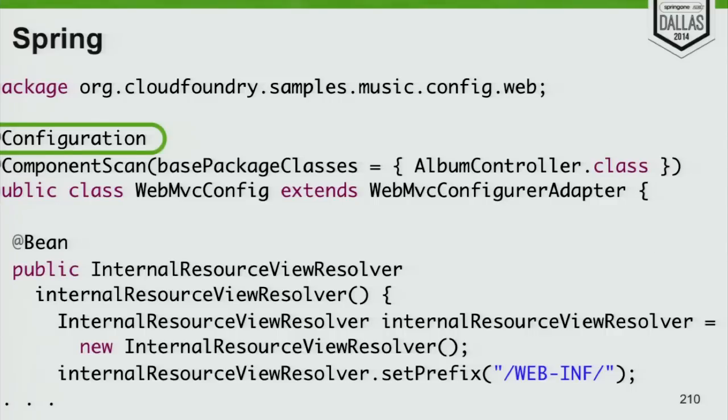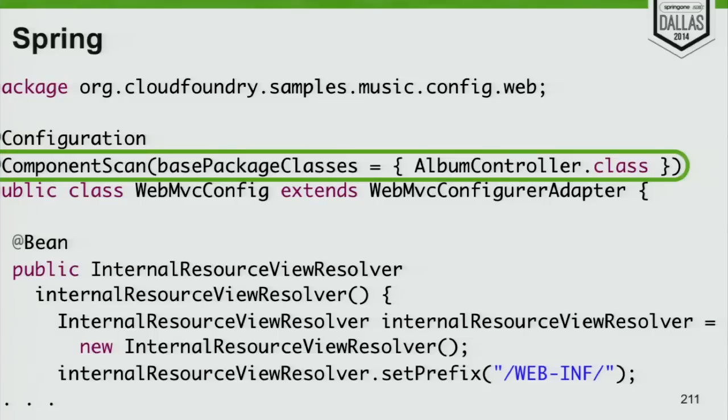We're all used to writing these, or we used to write big, long XML files that had all of our beans in them. And now we can do that in our code with the @Configuration annotation. And when you use an @Configuration annotation, you can use the @ComponentScan.